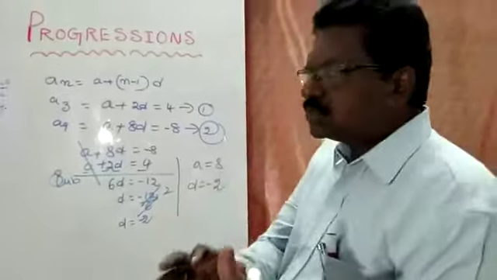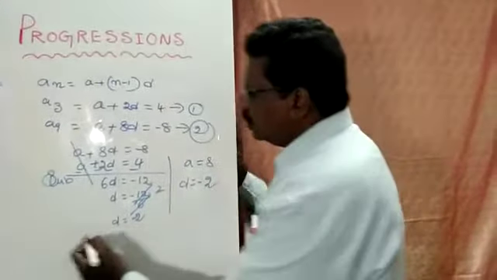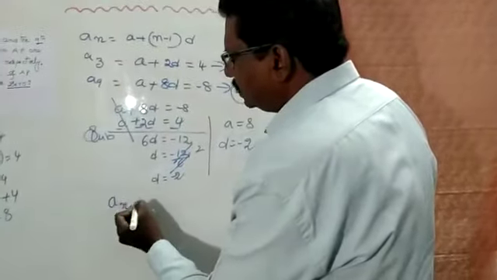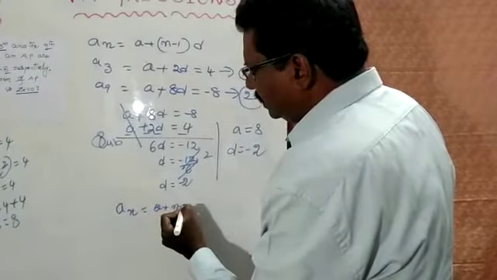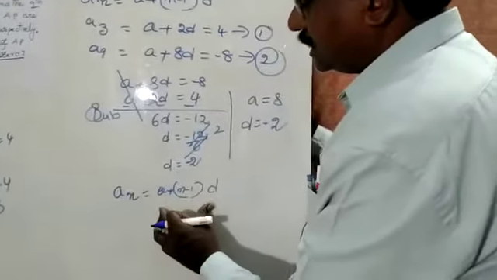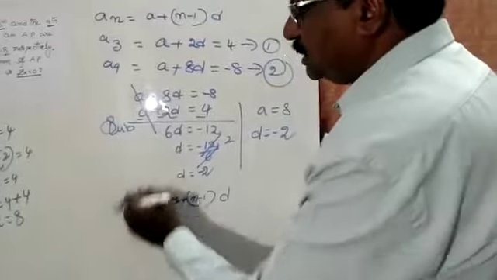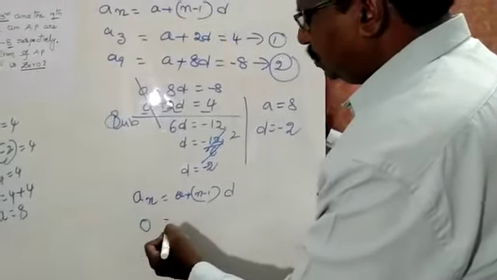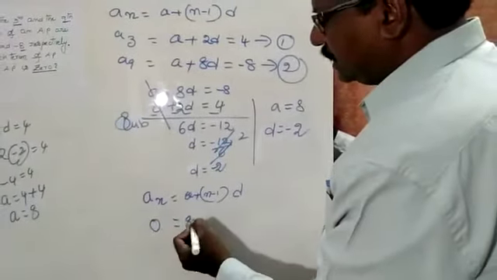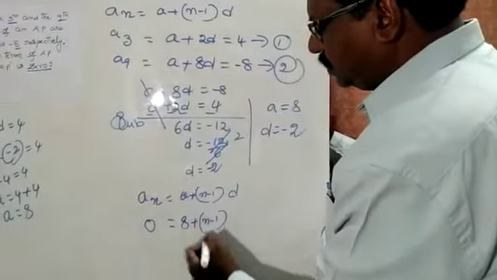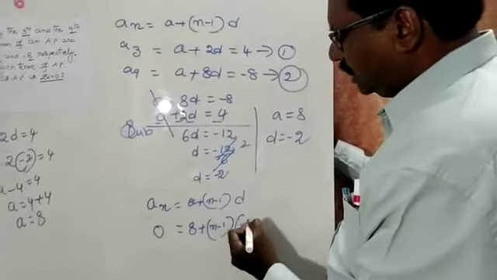Which term goes to 0? So an is equal to a plus n minus 1 into d. This is the general formula. Which term goes to 0 means an is equal to 0. 0 equals 8 plus n minus 1 into minus 2.